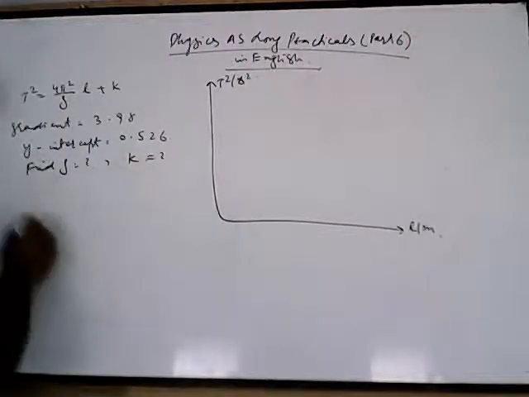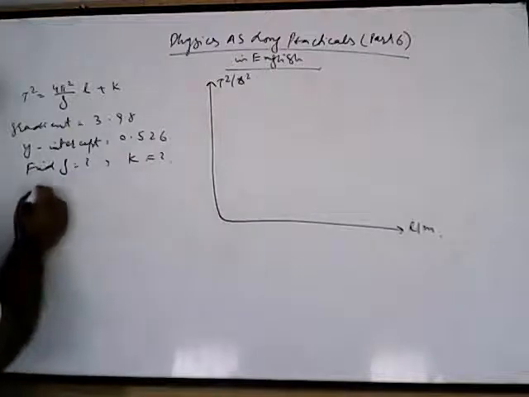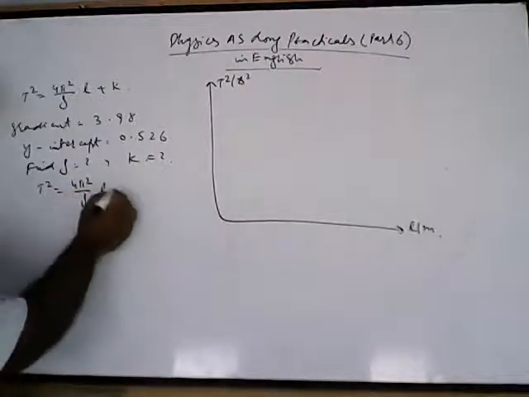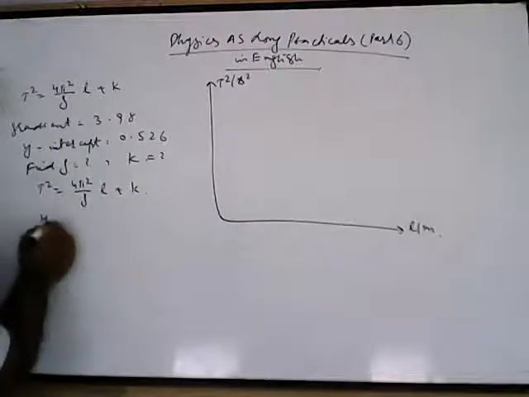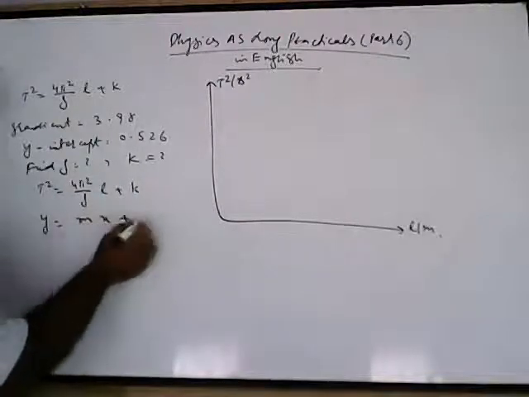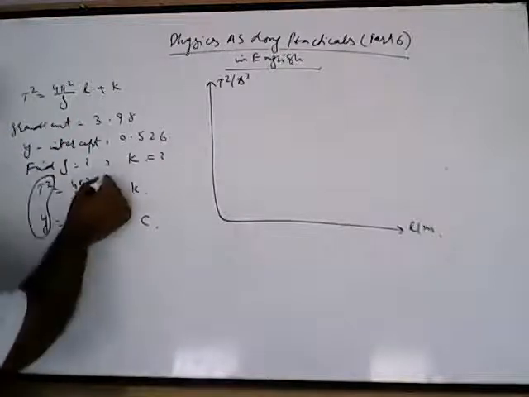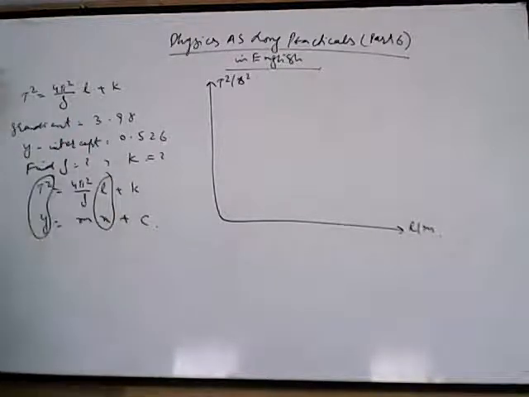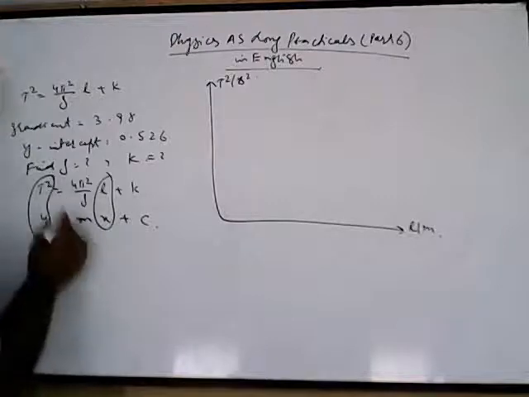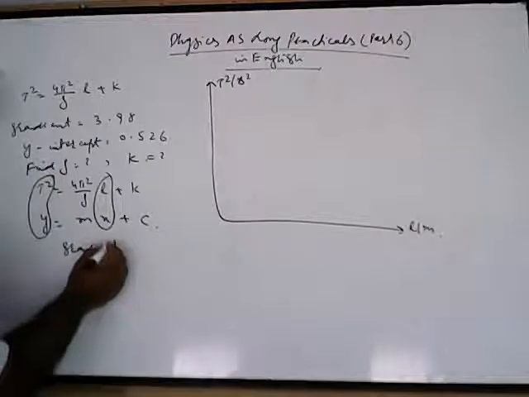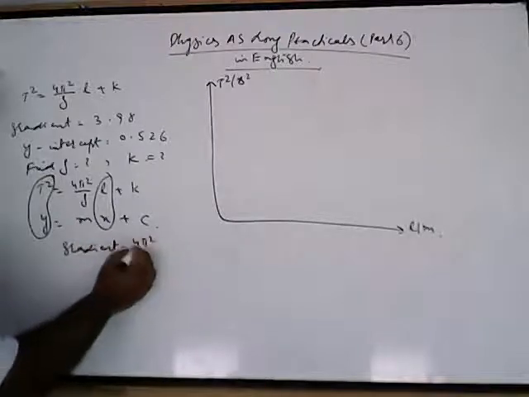So when I compare this, t square is equal to 4 pi square upon g L plus k, with y is equal to mx plus c, along the y-axis is t square, along the x-axis is L. So clearly this 4 pi square upon g is m, or I can write gradient equal to 4 pi square upon g.